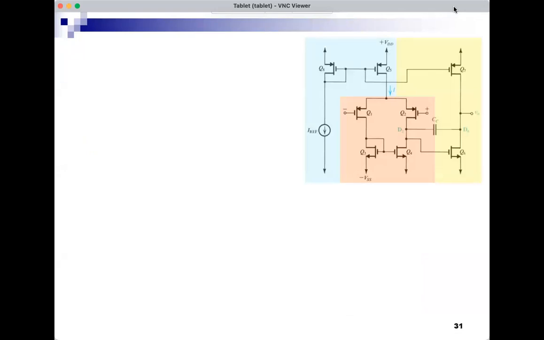So I can now find the gain of the first stage. I have formulas for all of these things. The gain of the first stage is minus GM1 (RO2 parallel RO4). GM1 is equal to GM2, so either GM1 or GM2.